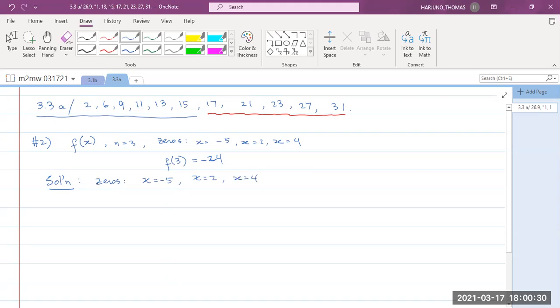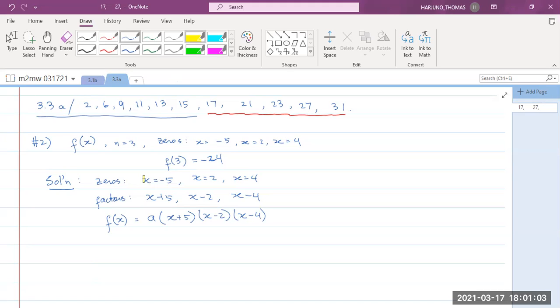Now by factor theorem, the factors are x plus 5, x minus 2, and x minus 4, such that the polynomial f(x) must be leading coefficient a times x plus 5, x minus 2, x minus 4. Okay, we need to find what a is. Now, how to find that?